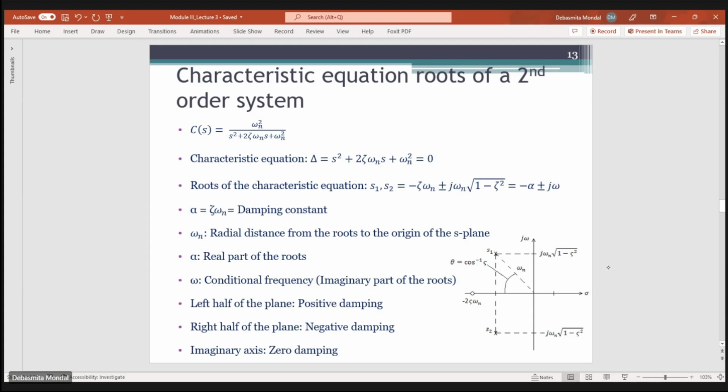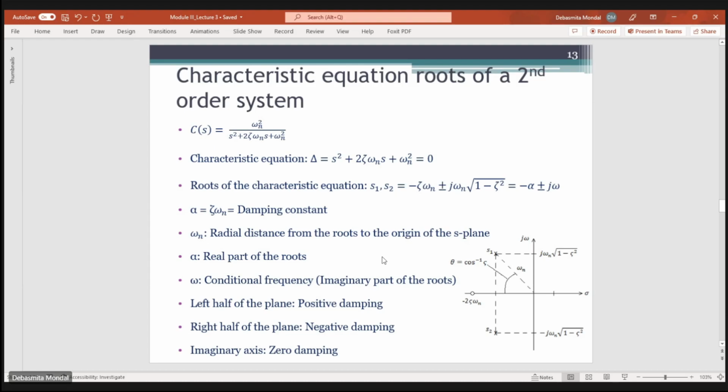The value of alpha is equal to zeta omega n, and the value of omega will be equal to omega n square root of 1 minus zeta square, or you can say that omega is equal to omega d, which is the damped frequency of oscillation. And alpha, this value zeta omega n, is known as the damping constant, and omega n is the undamped natural frequency of the system.